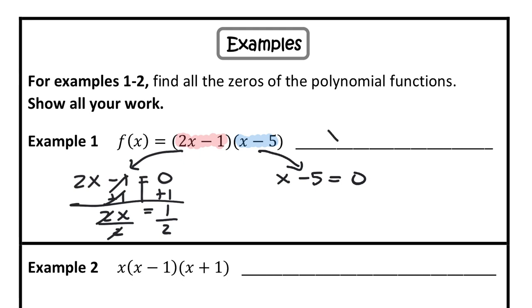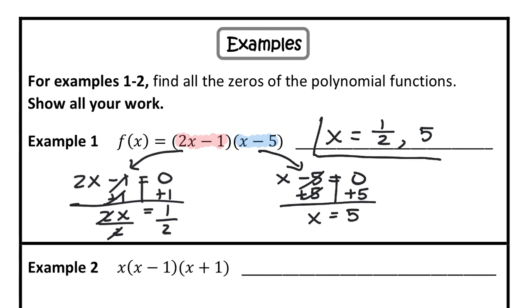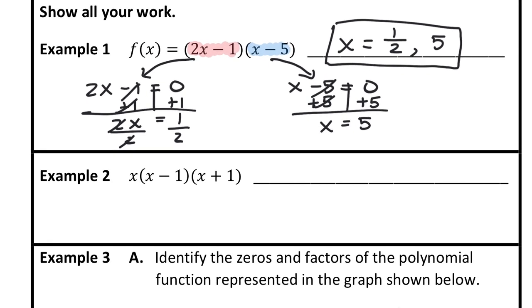So I get x equals 1/2. And then here I'm going to add 5. Add 5. X equals 5. So my zeros are 1/2, comma, 5. Right, so let's go to example 2.